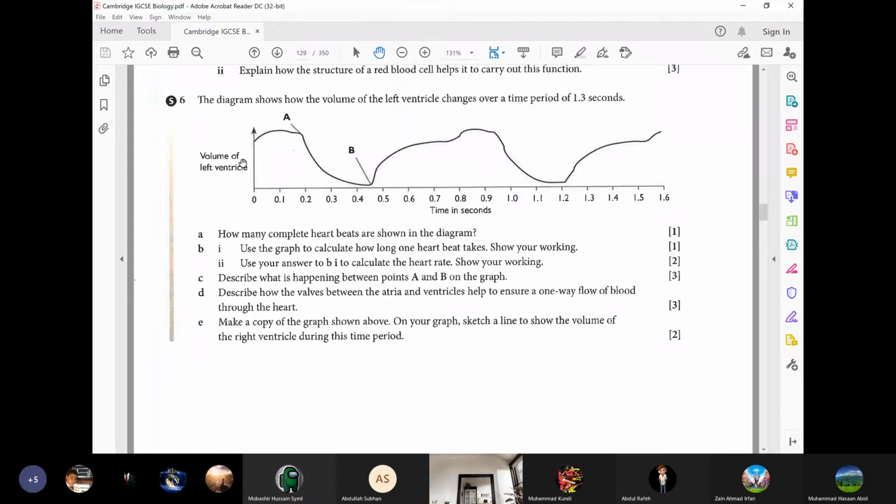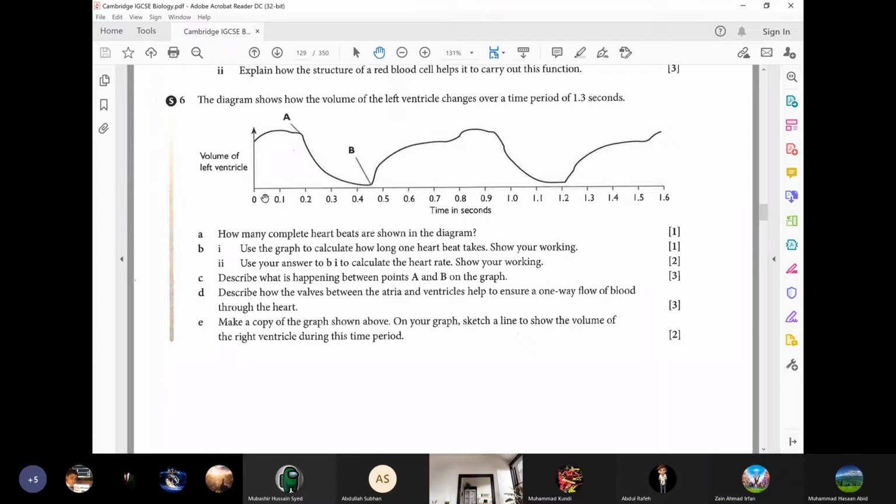On the y-axis, this is the volume of the ventricle. This is when the ventricle is contracting. Over here the ventricle is relaxing. When the volume increases, the ventricles are receiving blood, and when the volume is decreasing, the ventricle is contracting. So this is contraction, this is relaxation. So that is 1 complete heartbeat. Understood everyone, right?